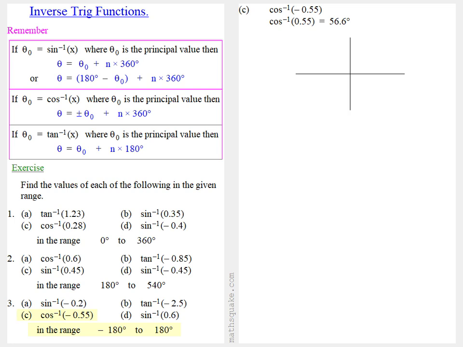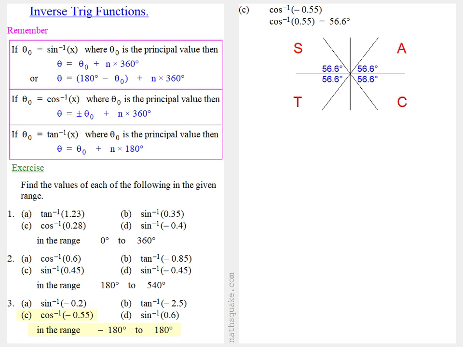We then draw x and y axes and two diagonal lines crossing over at the origin. Then between the diagonal lines and the x-axis we mark the angles as 56.6 degrees. Next we label the quadrants ACTS, A, C, T, S going round clockwise.